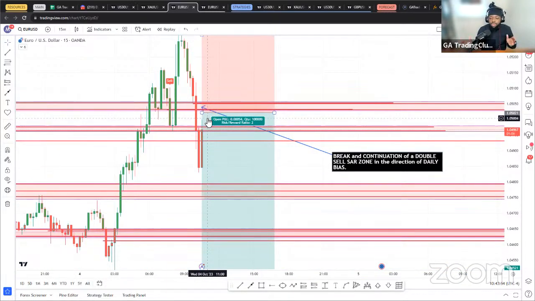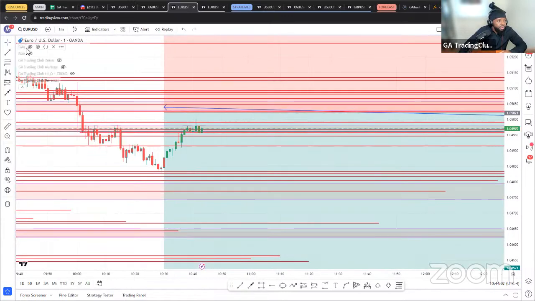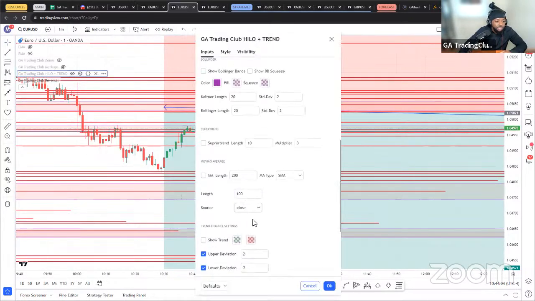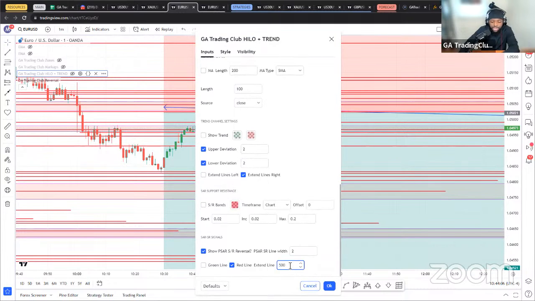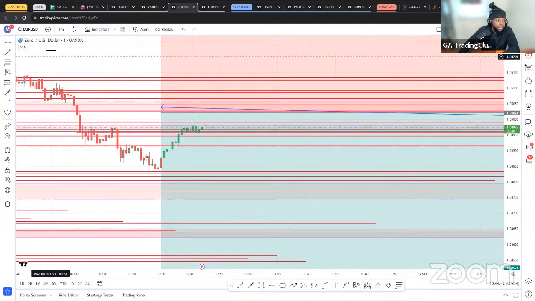At this point, I go down to the 1 minute. In this instance, I go down to the 1 minute, and then I remove the extension of the SARs because I'm only looking for that one live SAR, not double or anything.